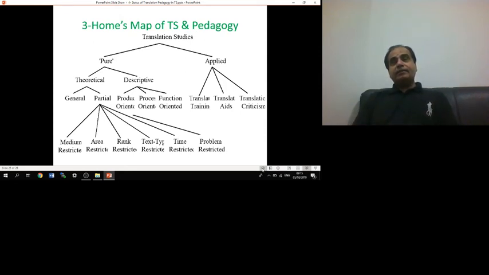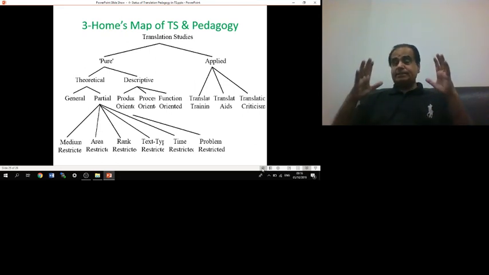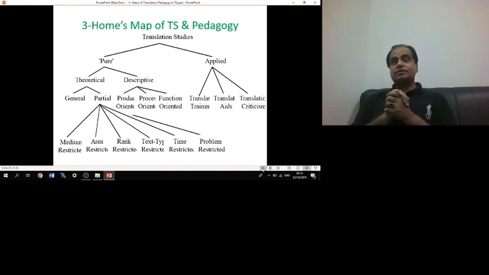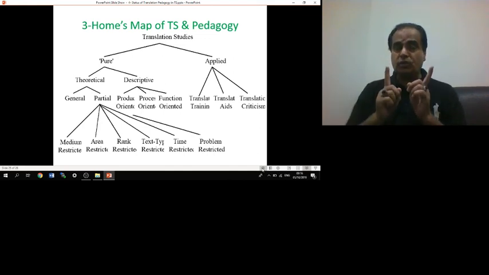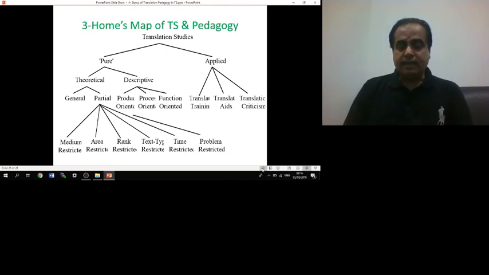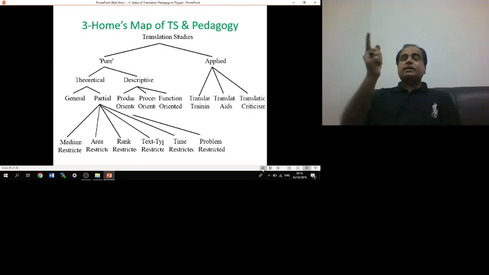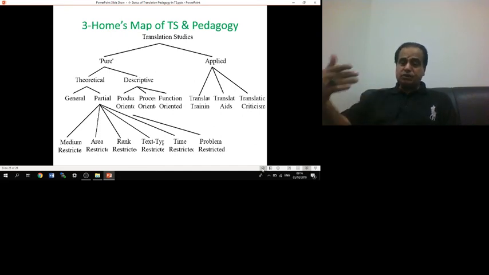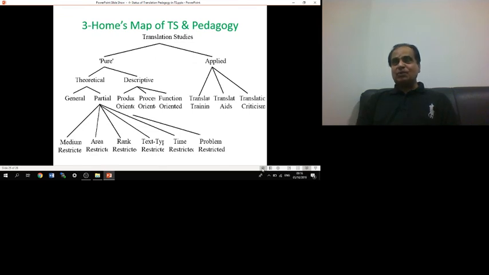And when we do this, of course, we draw an arrow towards applied, which is translation pedagogy, from descriptive and from partial translation theories. But is this enough? Is this the place of translation pedagogy in translation studies? My answer is no. We have another aspect, and that aspect is that in translation pedagogy on the applied side, what the teachers do inside the classroom, they also create data for research.